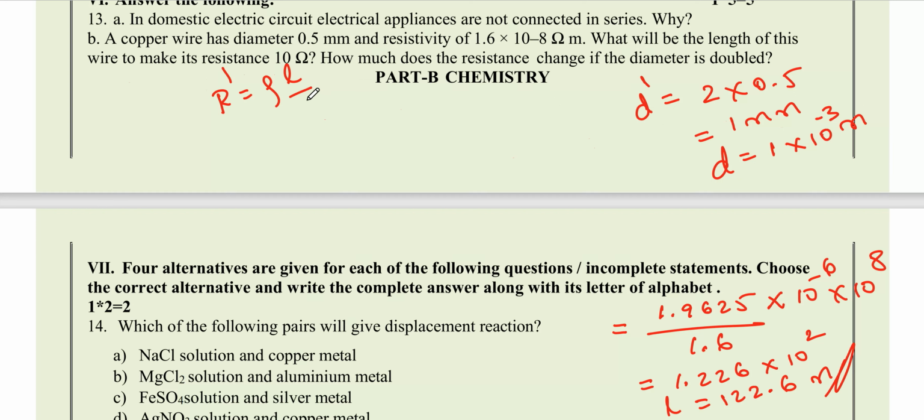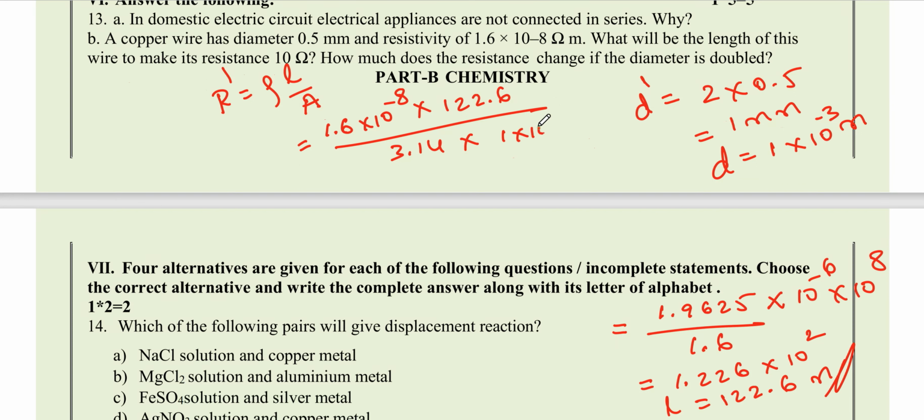What is the value of rho? Rho is 1.6 into 10 to the power minus 8, then L is 122.6. A is pi d square by 4, pi is 3.14, d square is 1 into 10 to the power minus 3 whole square.